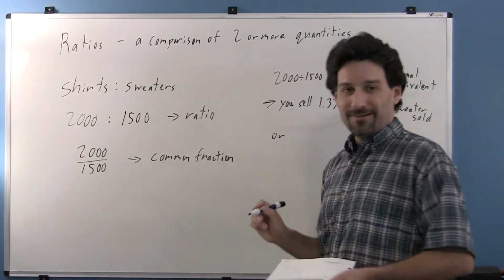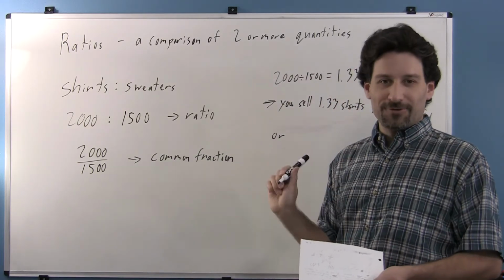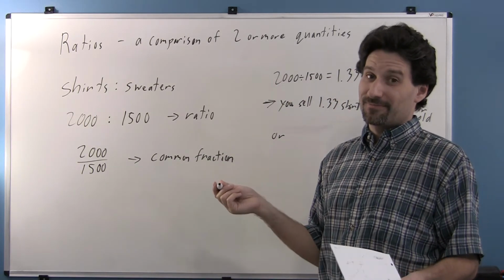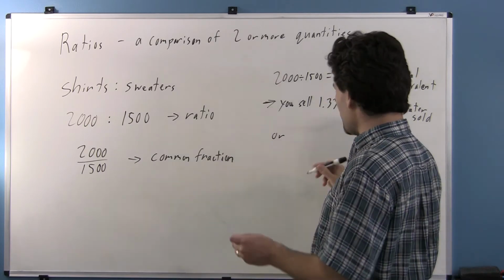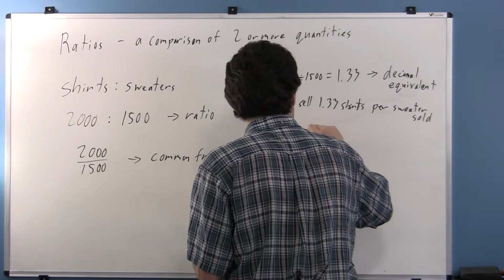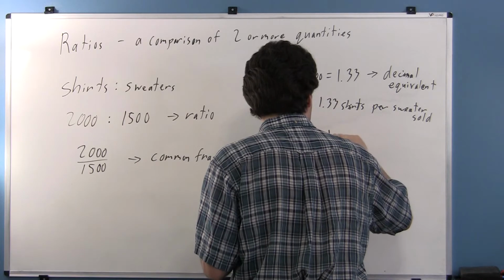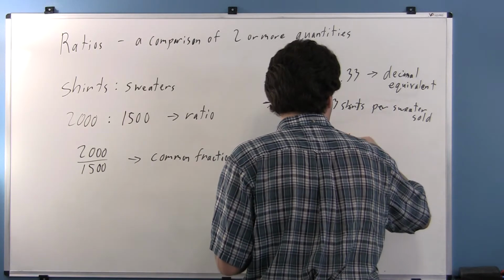Or, well, we've done fraction and decimal. What else have we done in the course? Percent. So if we multiply that, we could say that's 133 and a third percent.